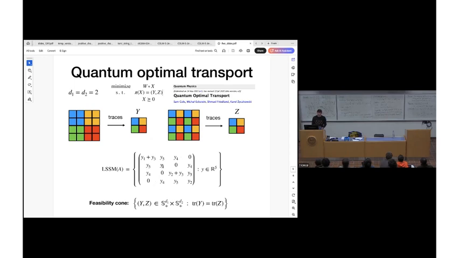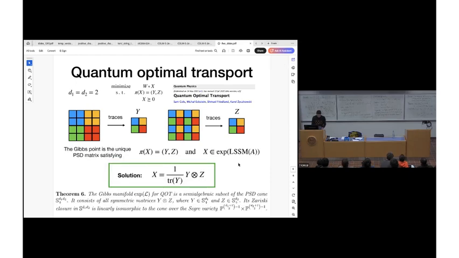It's a 5-dimensional linear space of symmetric matrices. The problem is feasible if and only if the trace of y is equal to the trace of z, and the matrices should be positive semi-definite as well. Okay, that's the definition of the problem.